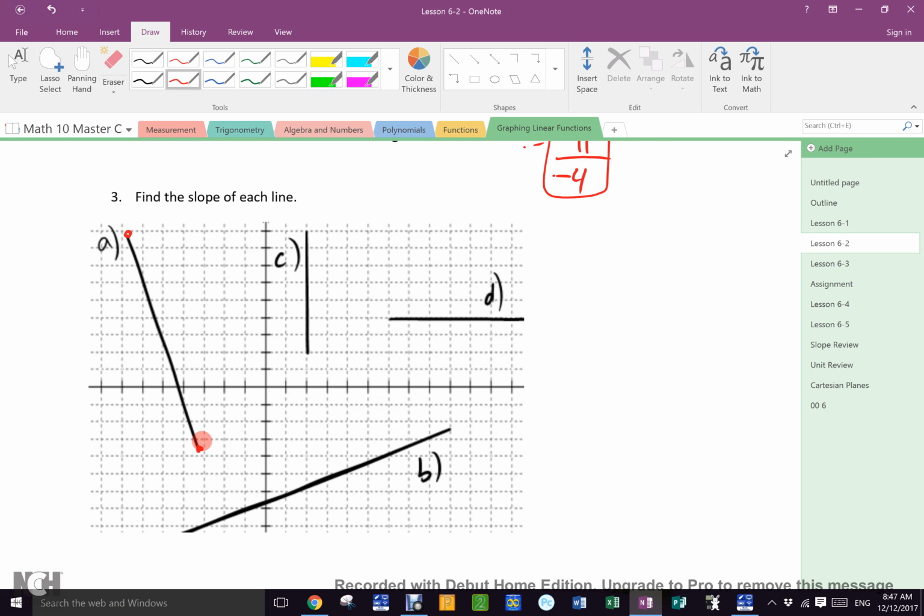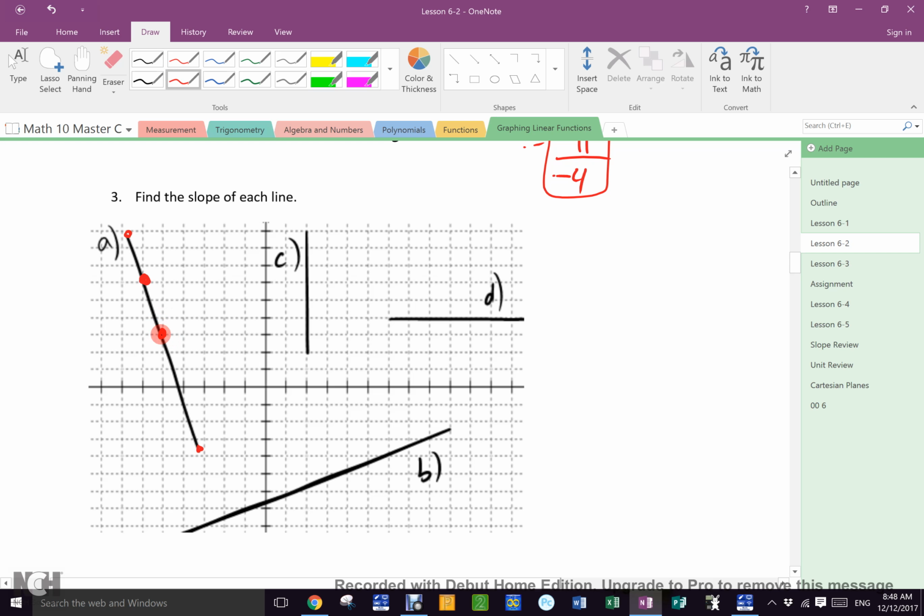They're not on a point. Do you see anywhere on that line that does hit a point? Tell me when to stop. There's one. Tell me when to stop again. There's one. Can I get a rise and a run now?